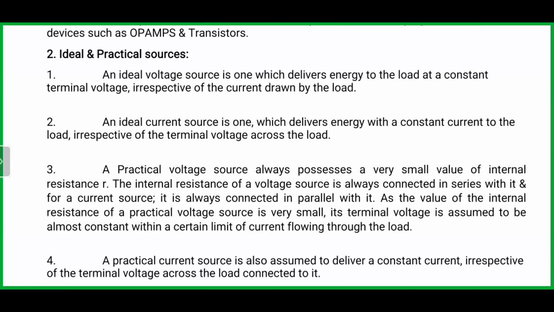So if a battery, for example, a dry cell is rated 12 volts, that's a rating, if you measure the voltage using a meter, you may not get exactly 12 volts. You may not get exactly 12 volts because it has internal resistance.